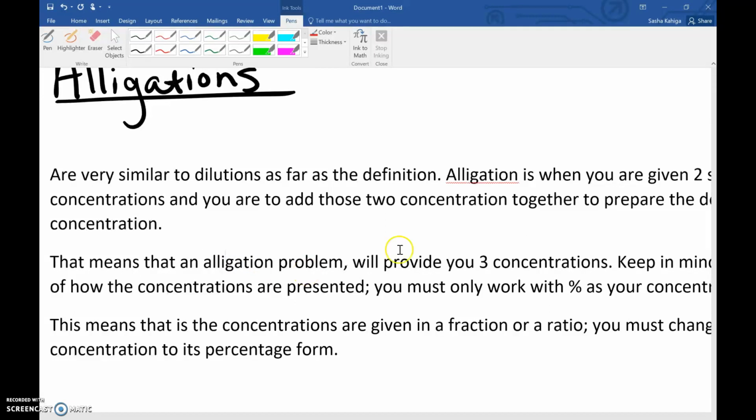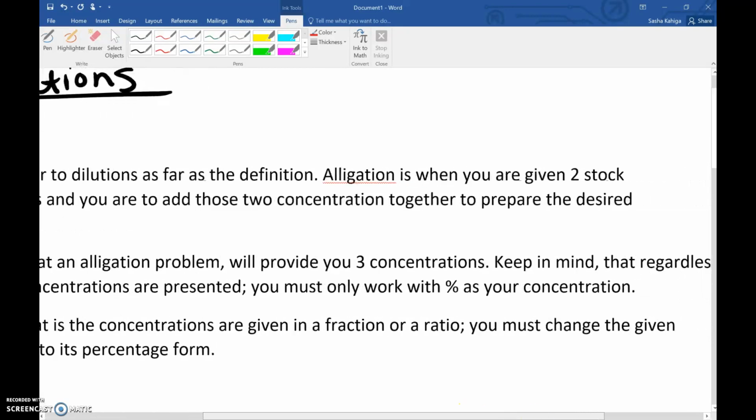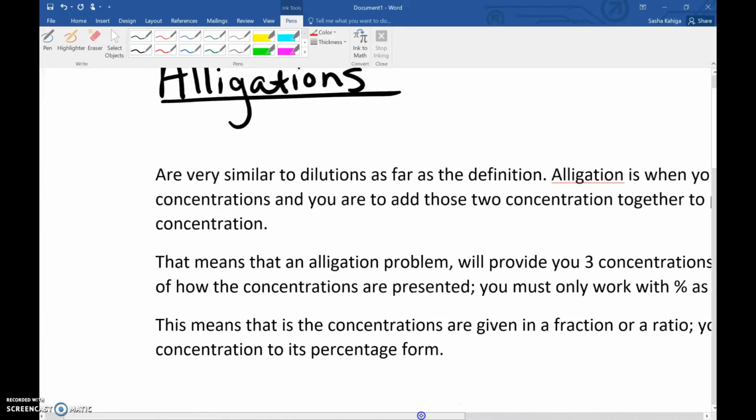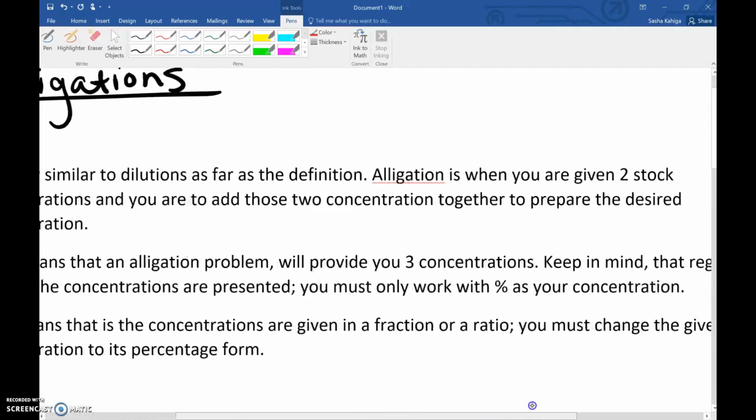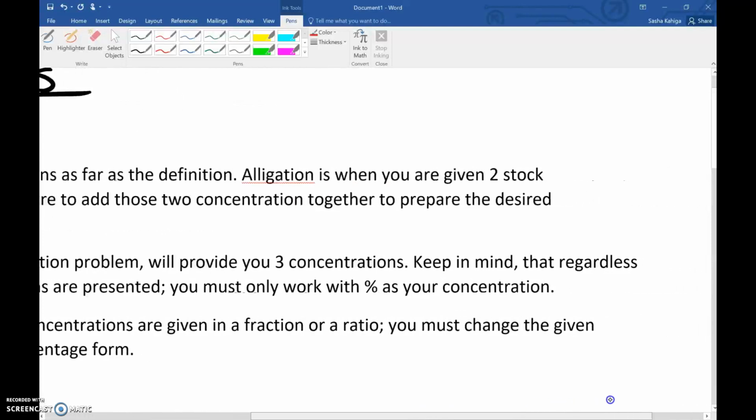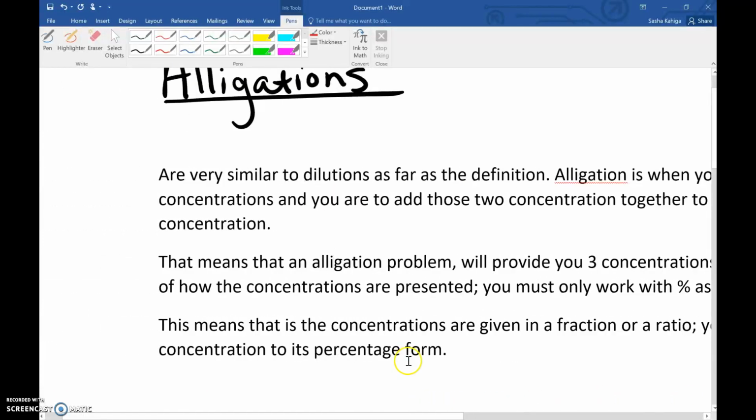Again, dilutions and alligations are very similar as far as the definition. An alligation is when you're given two stock concentrations, and you are to add those two concentrations together to prepare the desired concentration.